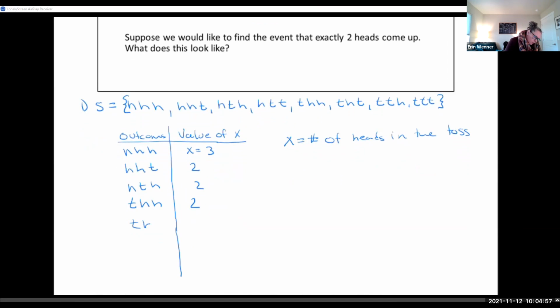Let's see which of them. Hold on. If we think about our 2 heads, first of all, let's just circle those. So heads, heads, tail, heads, tail, heads, tail, heads, heads, right? Those are where we have our 2 heads. We've already used the 3 heads. So now what do we have left? We have when we have a single head. Where are those? Well, the single heads, we've got heads, tail, tails.